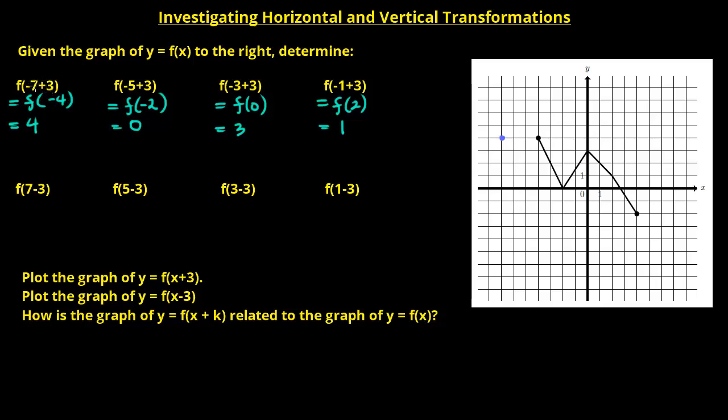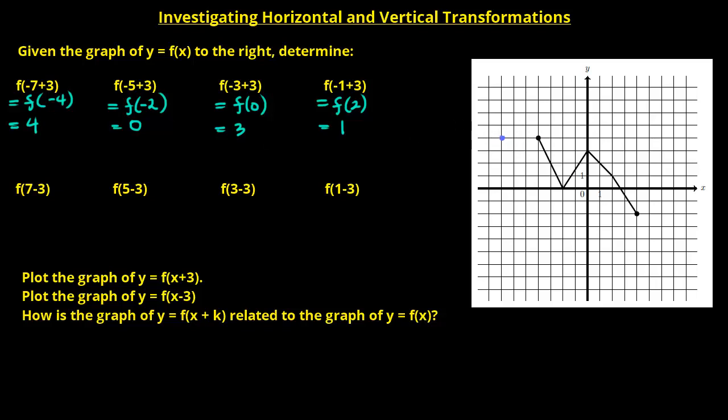So this can be thought of as a horizontal translation 3 units to the left. So this point gets translated 3 units to the left. It's a horizontal translation 3 units to the left, because I end up getting the value of f of negative 4 only because I'm adding 3. I get the value for f of negative 4 3 units earlier on my Cartesian grid, or on the Cartesian plane.